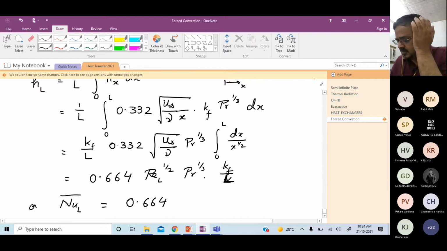The average Nusselt number L is Reynolds L to the power half Prandtl to the power 1/3.